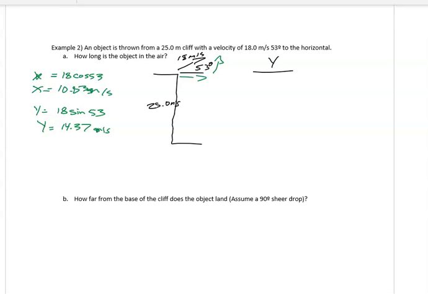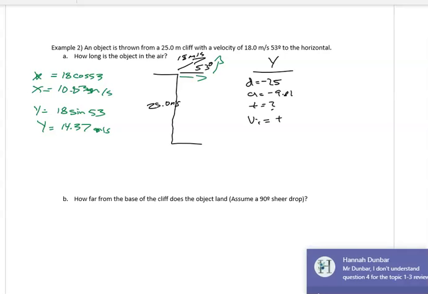So all of this is really just dealing with the y, where the displacement is negative 25. The acceleration is negative 9.81. We're looking for that time with an initial velocity of positive 14.37 meters per second.